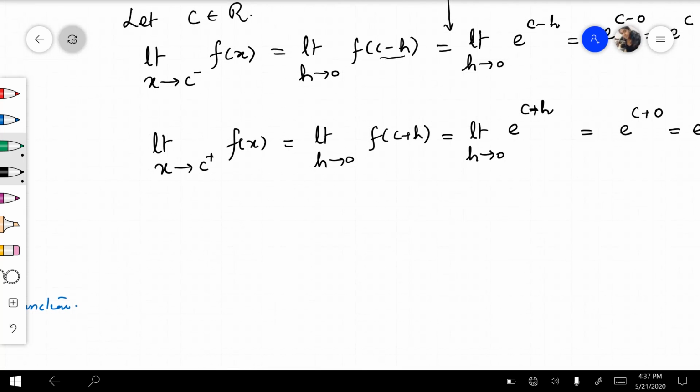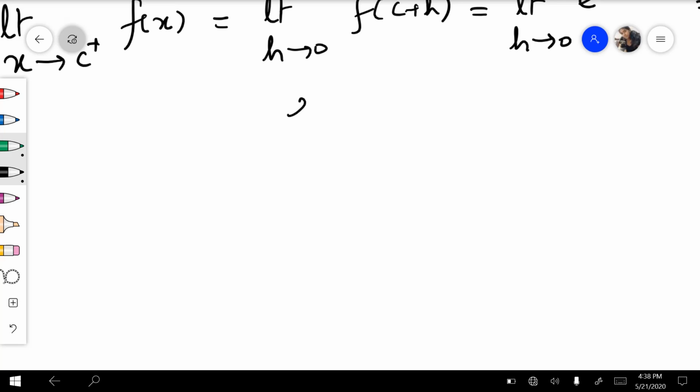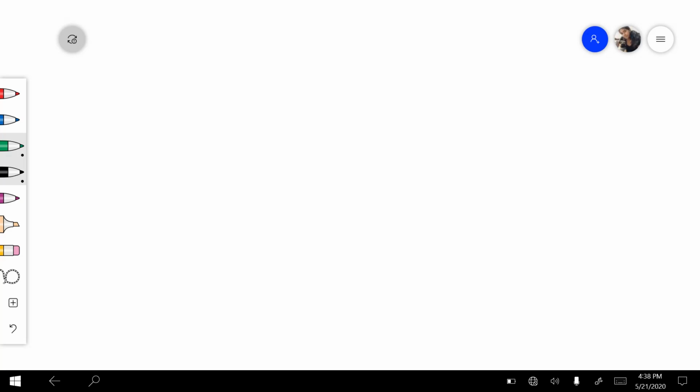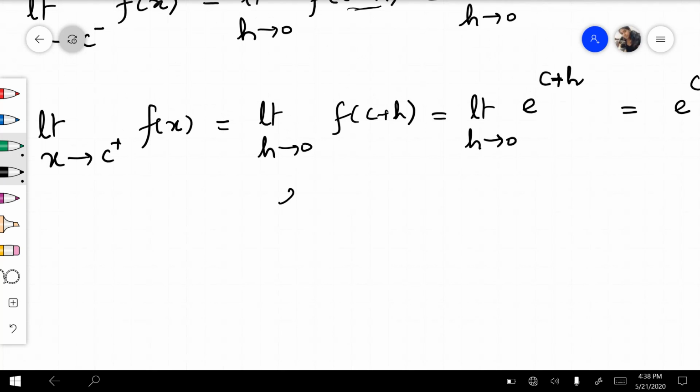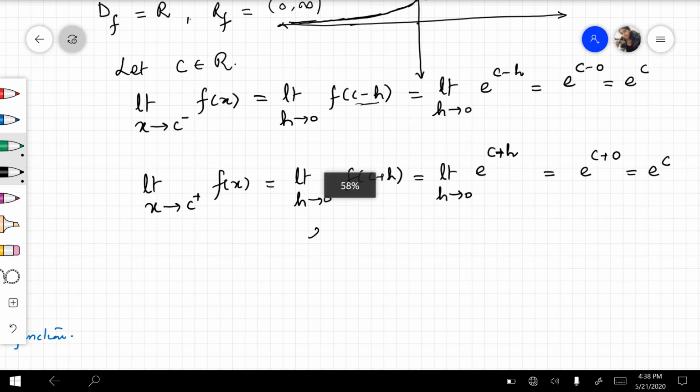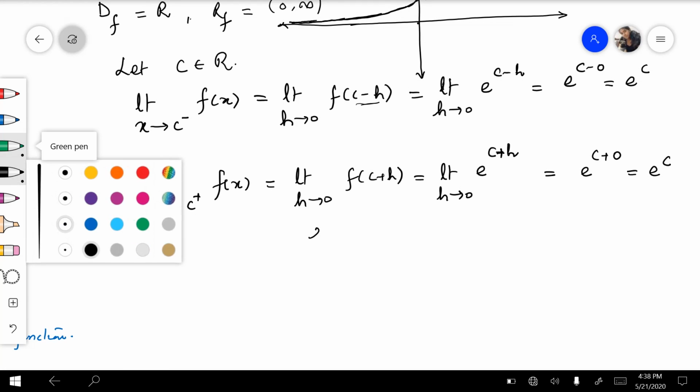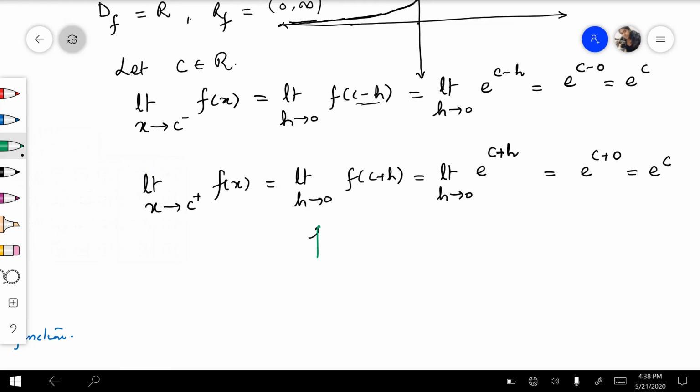Now image at c is equal to e raised to power c.